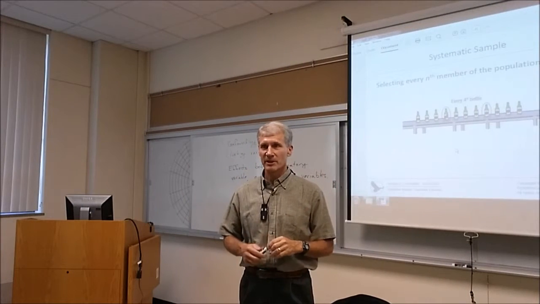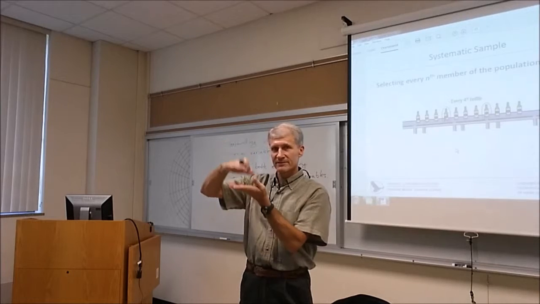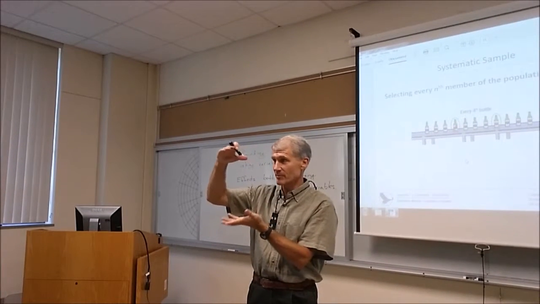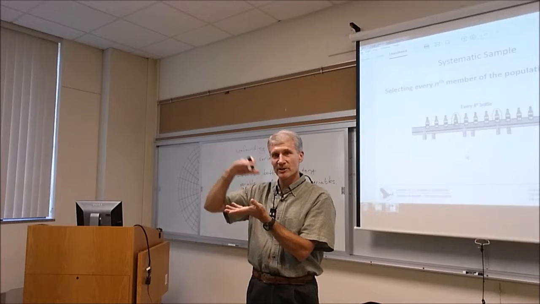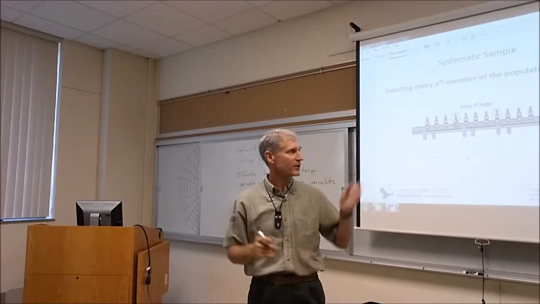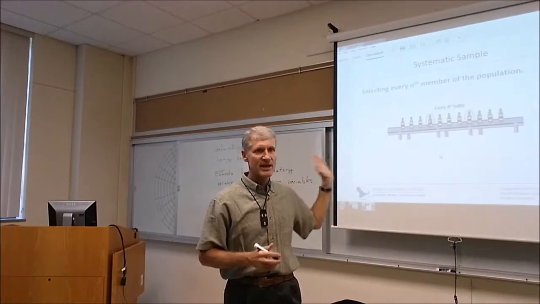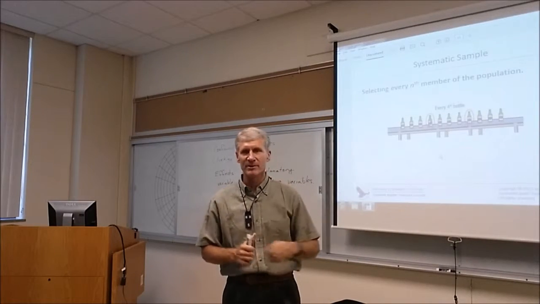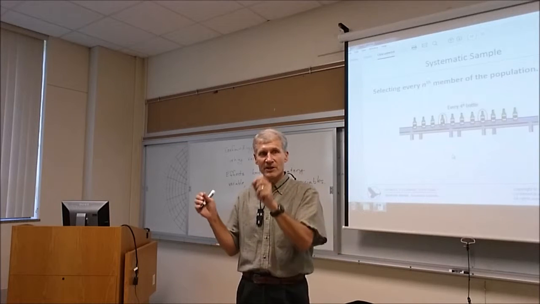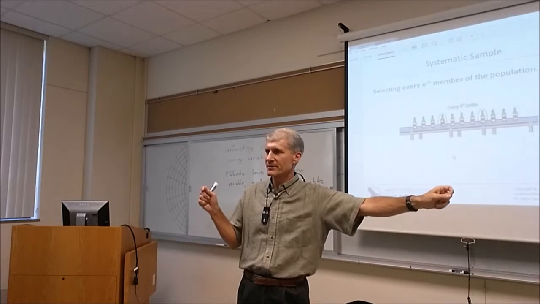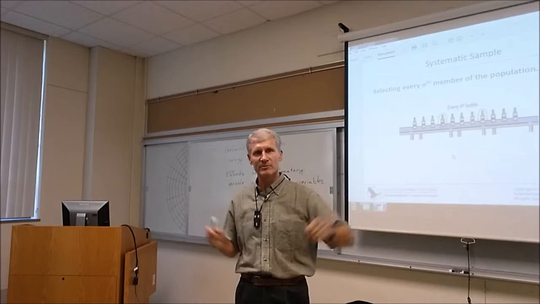Here you're probably going to be interested in the fill level, right? You're supposed to put 12 ounces in a bottle of beer. Well, if the machine is out of whack and it's only putting 11 in there, you need to know that. So they'll take a systematic sample all day long. It's not every fourth one, but it's more like every 1,000th one or whatever. But they'll take it all day long, and if they notice it's starting to drift away from the 12 ounces, then they'll tweak the machine.